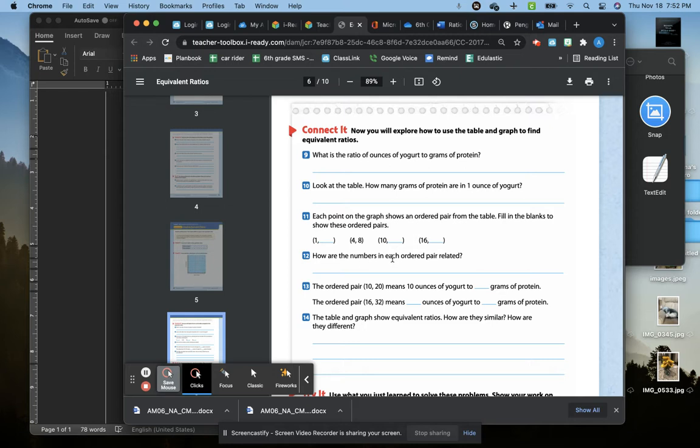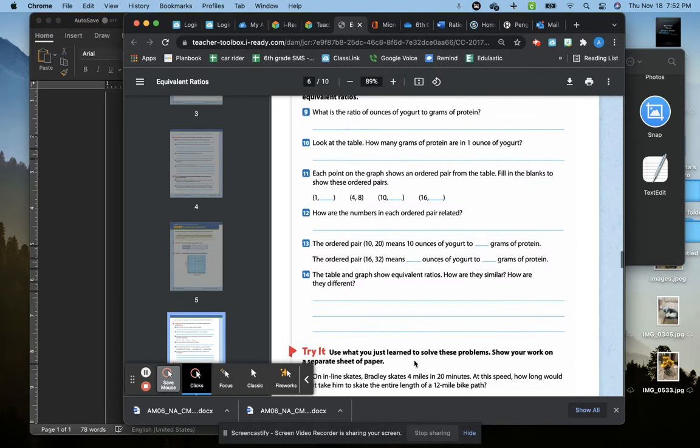How are the numbers in each ordered pair related? To answer that, you would just need to look at what each one stands for. The ordered pair 10-20 means 10 ounces to how many grams of protein. So it's just having you take these same numbers and make sure you know what they stand for.